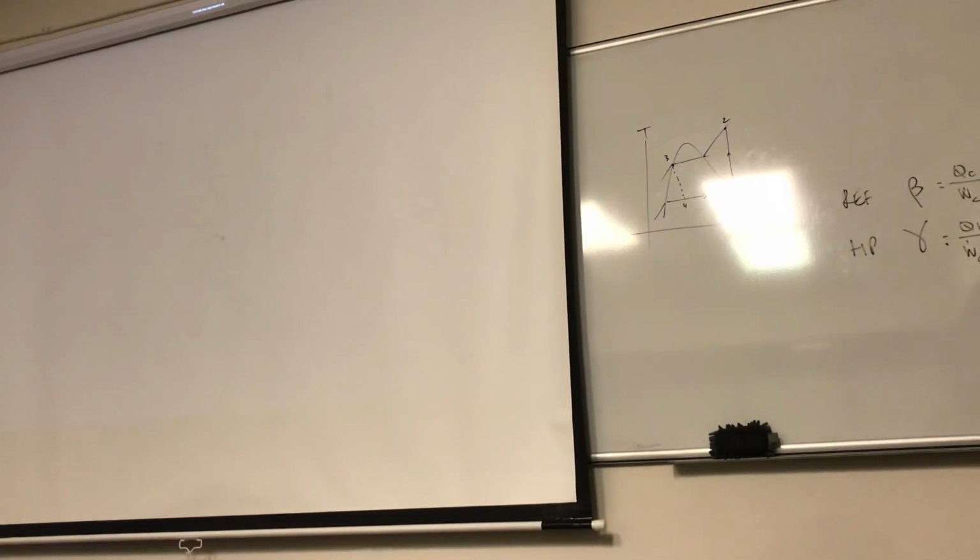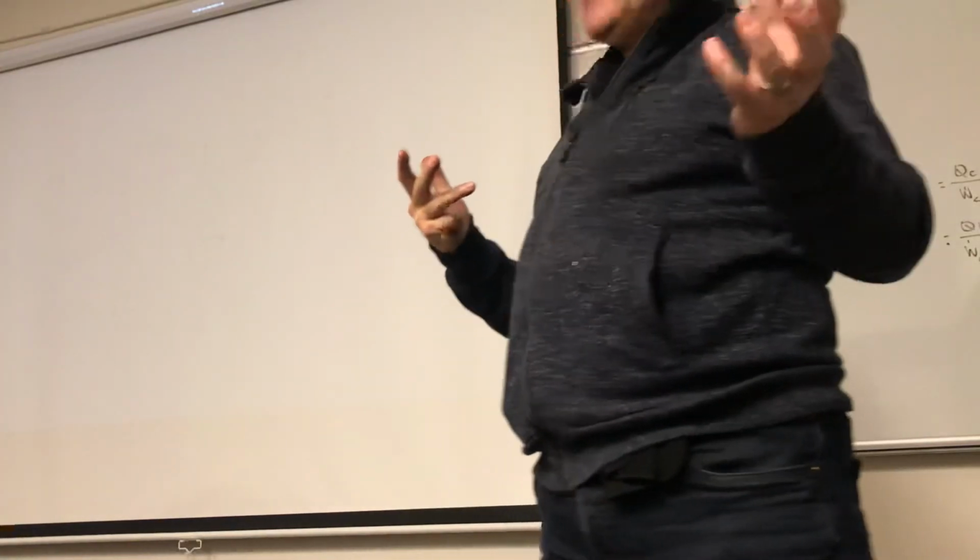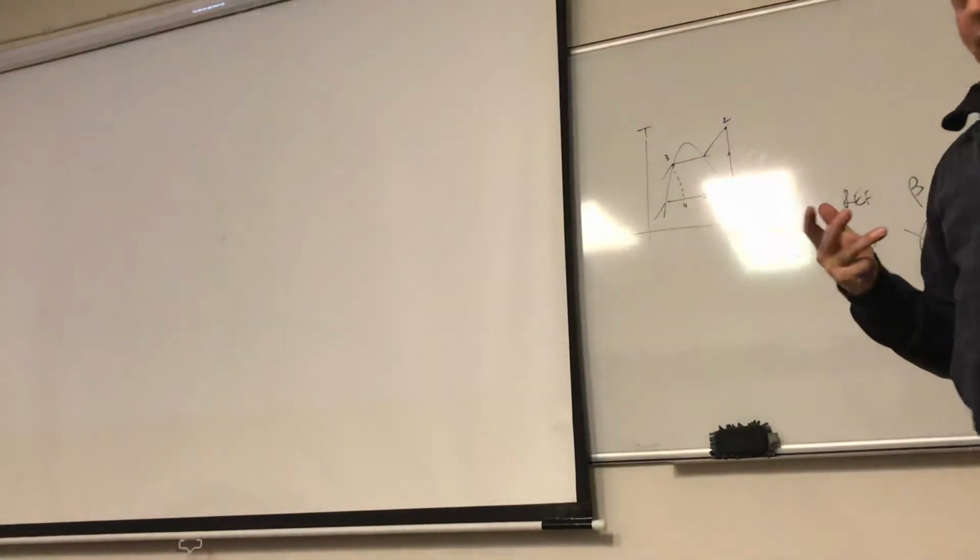The only thing we can measure on a substance is pressure, temperature, volume, maybe mass. How do we get all the other stuff from knowledge of those properties?